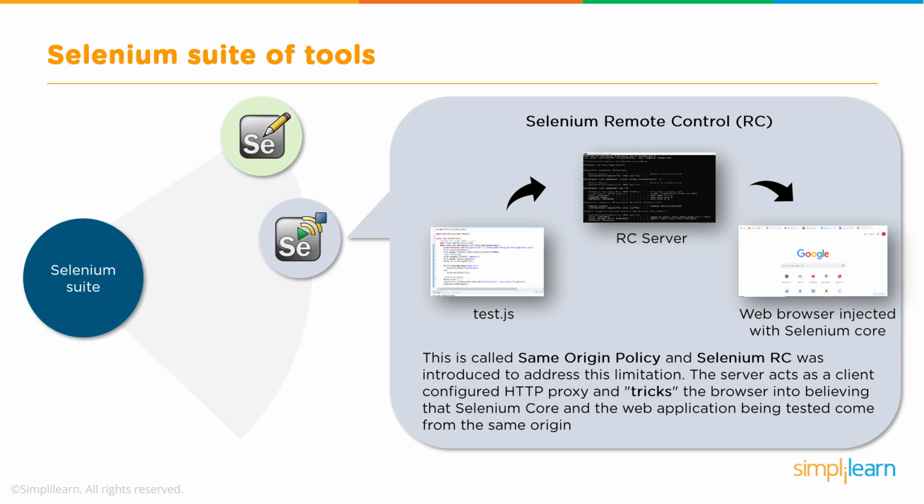Now, if you look at the simple architecture of this, what are the things it has? One is your script. First, you need to write your scripts using any supported language, like PHP, Java, Python, and Ruby, as I mentioned. Before we start the testing, the requirement of the Selenium 1 version is that you need to install the RC server. This RC server is a separate application.